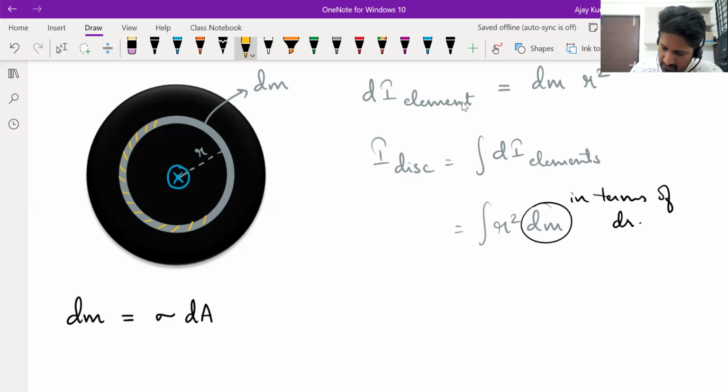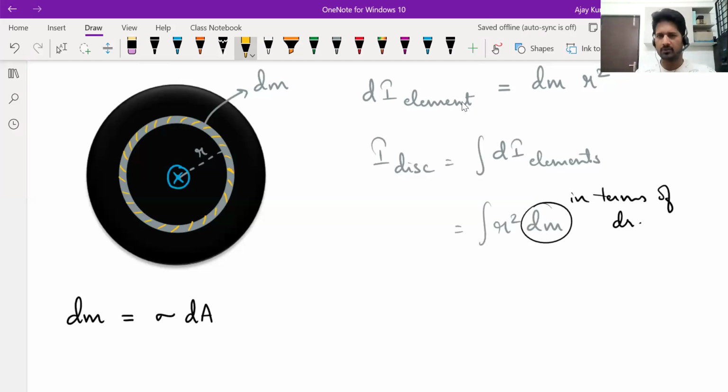We had done this in the case of a semicircular ring. 2 pi r dr. Basically the circumference of the ring multiplied with the width of the ring. Actually, you have to do the outer circle's area minus the inner circle's area.